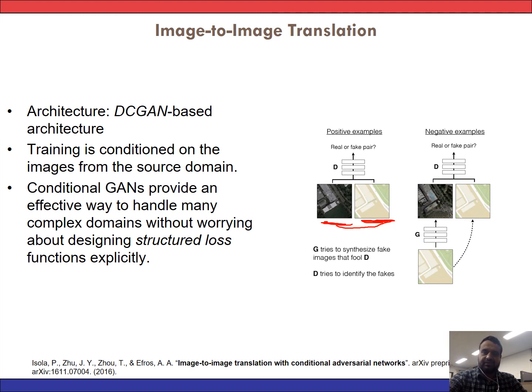Similarly, for the fake image, we first give this image as input to the generator, which generates this as output, and we condition it on the input image, which is given to the discriminator, and the discriminator has to classify it as a fake pair. So this architecture has the capability of translating images between different domains. It can translate images between day and night, between sketch and real images, and many others, as I discussed in the previous slide.